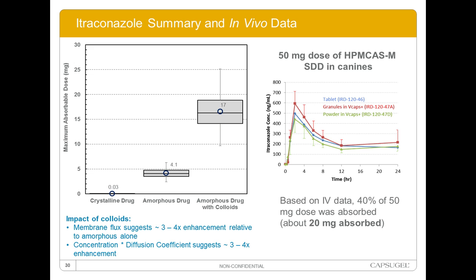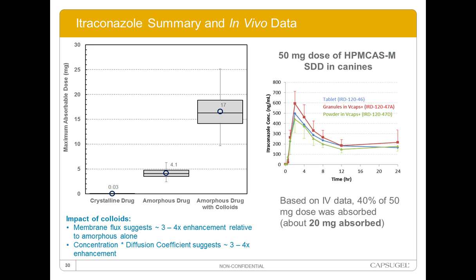And this is pretty consistent with just simply looking at the equation I had showed before, where we're looking at a weighted contribution of the colloids. So they're in excess of 50 times the concentration of drug in micelles, but because of their lower diffusion coefficient, they don't contribute as much to overall absorption.